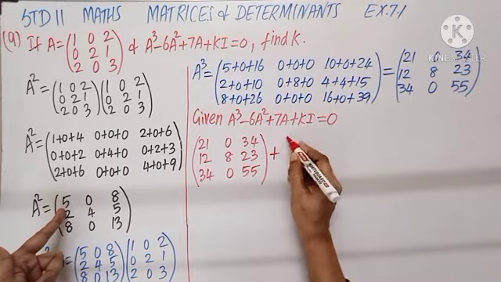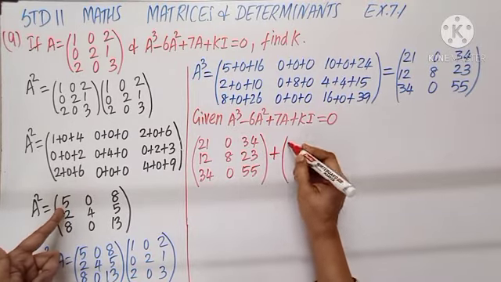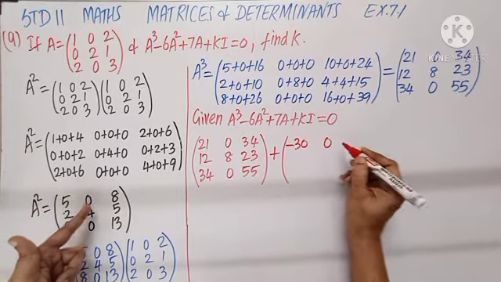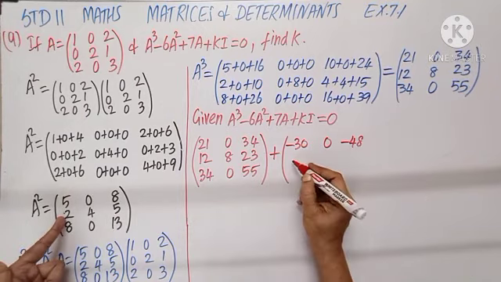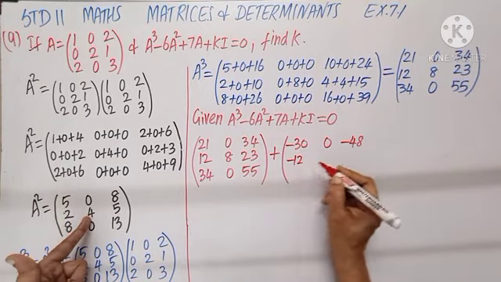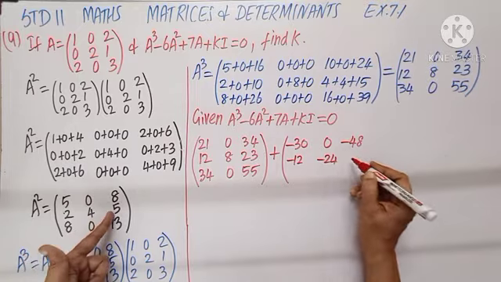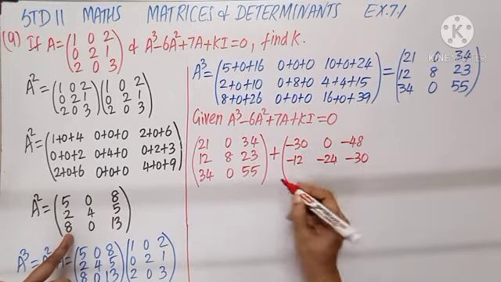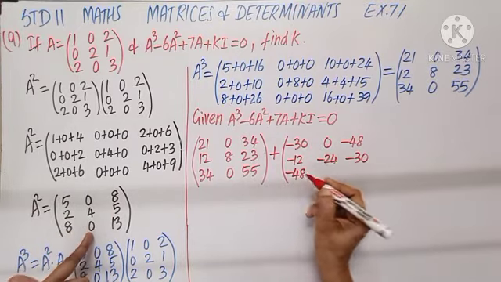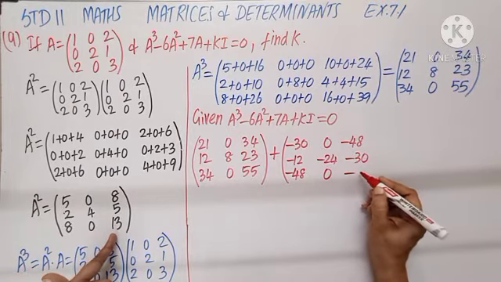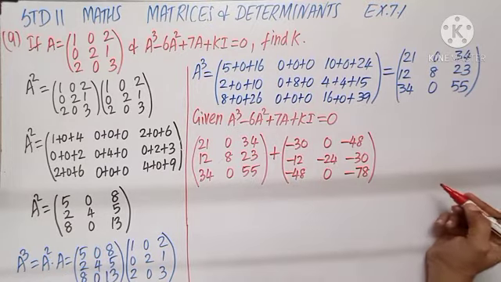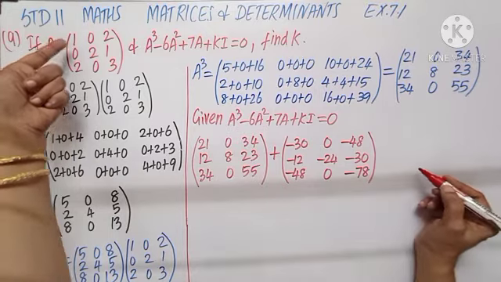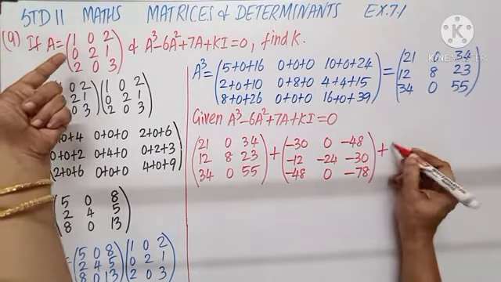So we put plus minus 6 into 5, minus 6 into 0, minus 6 into 8, 2 into minus 6, 4 into minus 6, 5 into minus 6, 8 into minus 6, 0 into minus 6, 13 into minus 6. I need 7A. So this is matrix A. Multiply each number by 7.